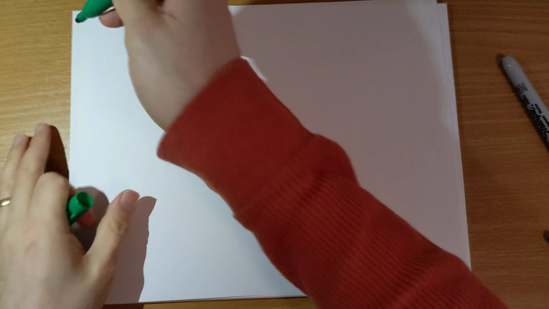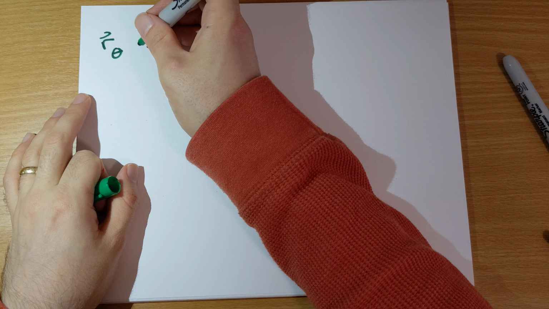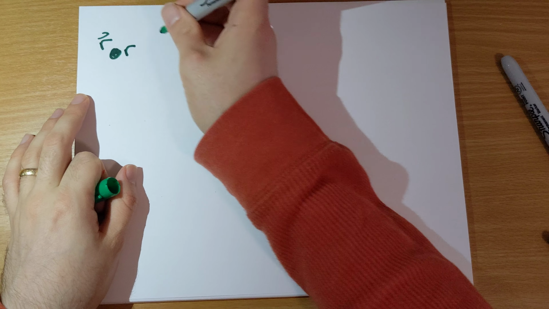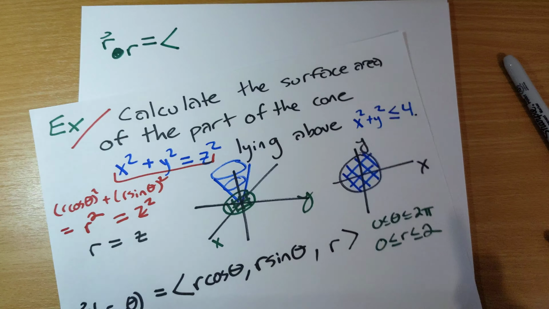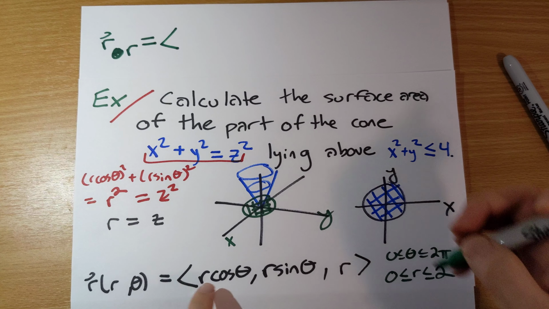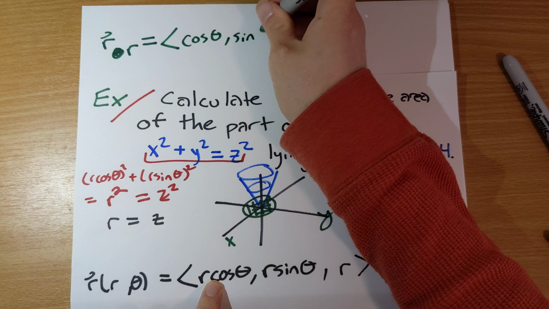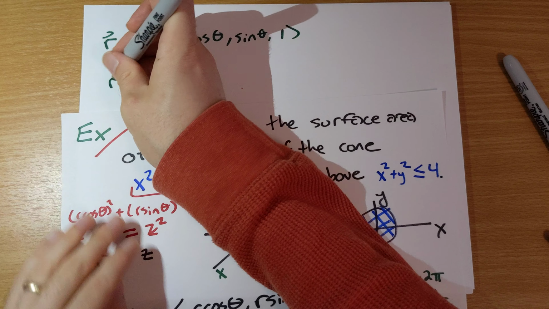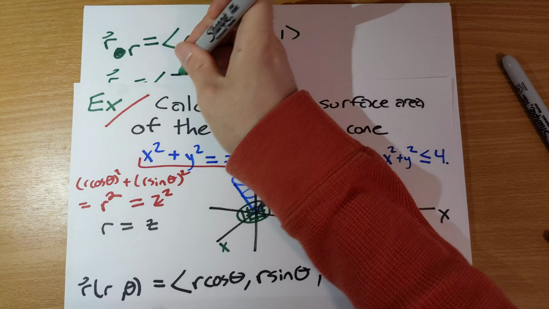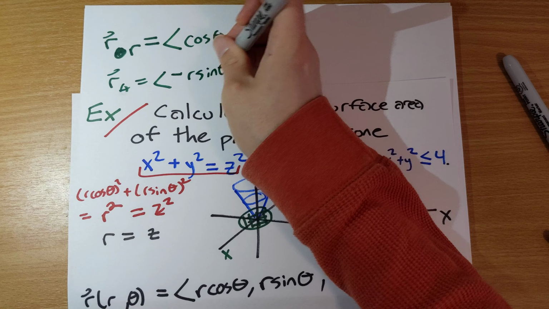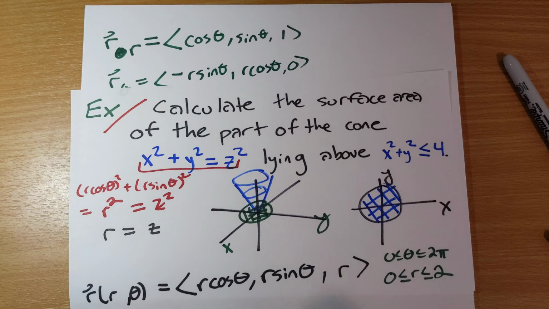Let me go r sub r. The partial derivative of r with respect to r, where I'm using r in two different ways there, is going to be cosine theta, sine theta, 1. R sub theta is going to be negative r sine theta, r cosine theta, and 0.